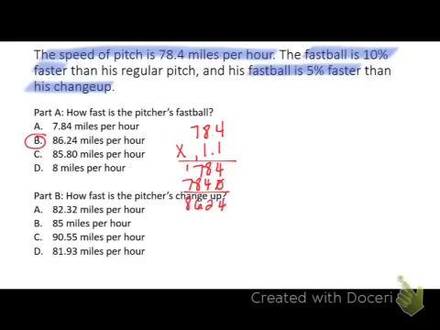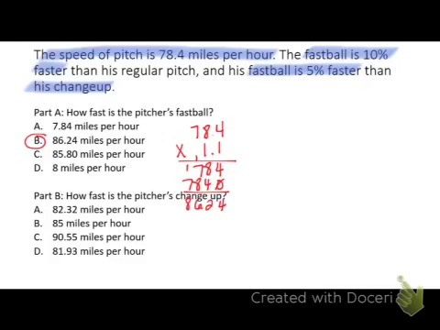We then want to know how fast is the changeup, and the changeup is 95% of the fastball because the fastball is 5% faster than the changeup.